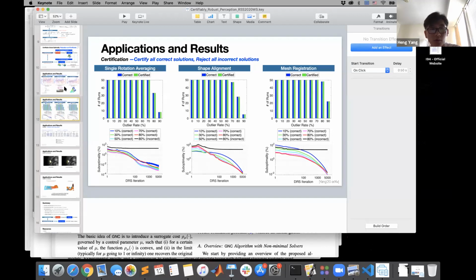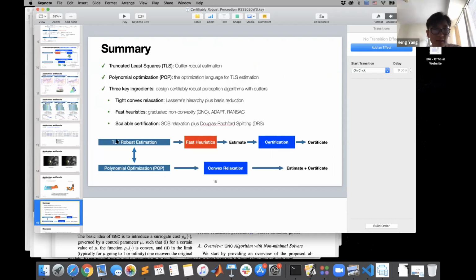Because they are primal and dual, they are two sides of the coin. They are highly related. That's why in the summary, I say that the three ingredients are all necessary. First of all, you need to have a tight relaxation. And then from the relaxation, you can develop more scalable solvers.